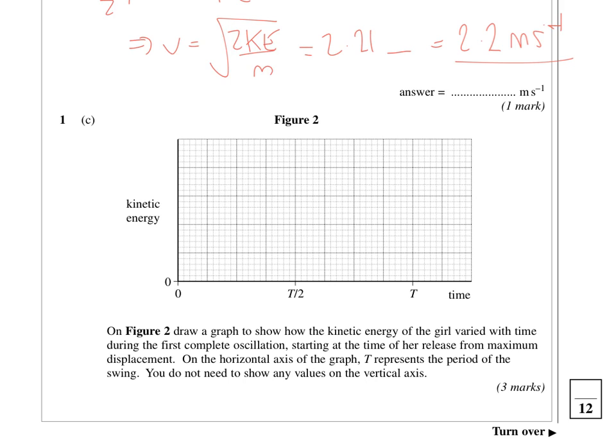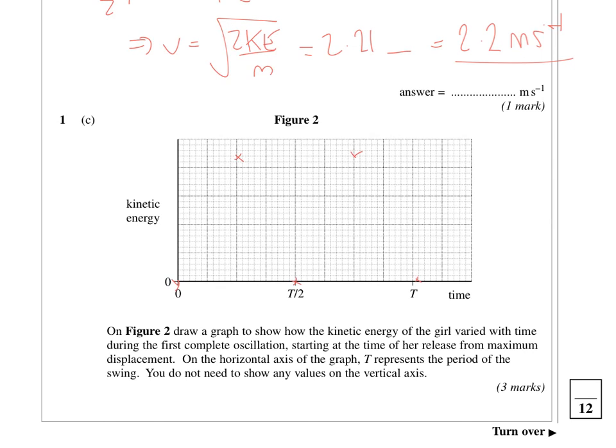At maximum displacement, kinetic energy is 0, so you'd have a point here, and then at T over 2 it would be back at 0 again, because it's at the other end, and then at T it goes through 0, and during these we'd go through various different places. So we're going to go up to 44 at T over 4, so sort of like there. And we have the same point here.